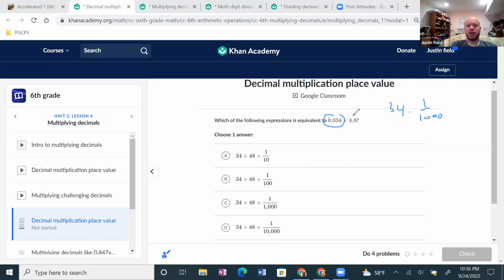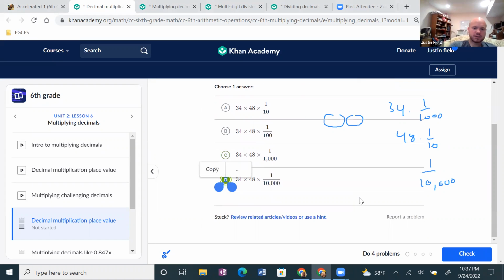And then the 4.8 is the same as 48 times 1/10, because that's how you move the decimal point, multiply by a fraction, a multiple of 10. So we put these two together, that would be 10,000 if you multiply them together. So I'm going to say 34 times 48, and then we need 4 decimal moves in total. Hey, I do kind of like this. Okay, so the answer would be D.